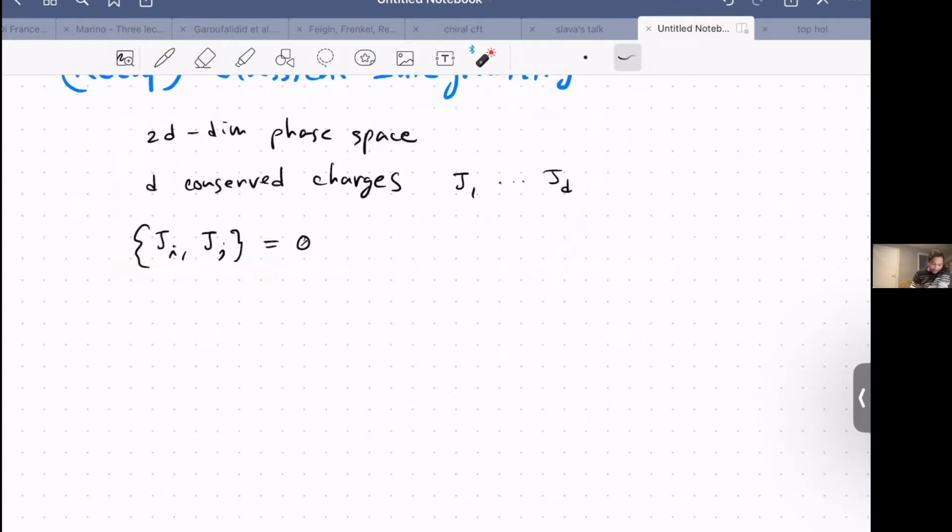So just a reminder, conserved charges means that you of course have a Hamiltonian as part of the definition of your mechanical system, and all of these charges commute with the Hamiltonian, which is the same as saying that their time evolution is trivial.